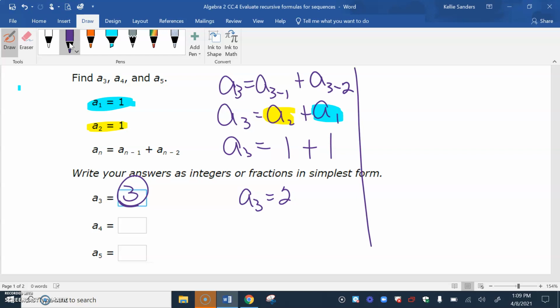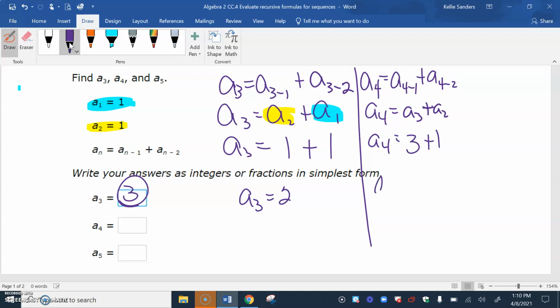A sub 4 is A sub 4 minus 1 plus A sub 4 minus 2. A sub 4 is A sub 3 plus A sub 2. A sub 4, what was A sub 3? 3 plus, what was A sub 2? 1. So what is A sub 4? 4, because 3 plus 1 is 4.